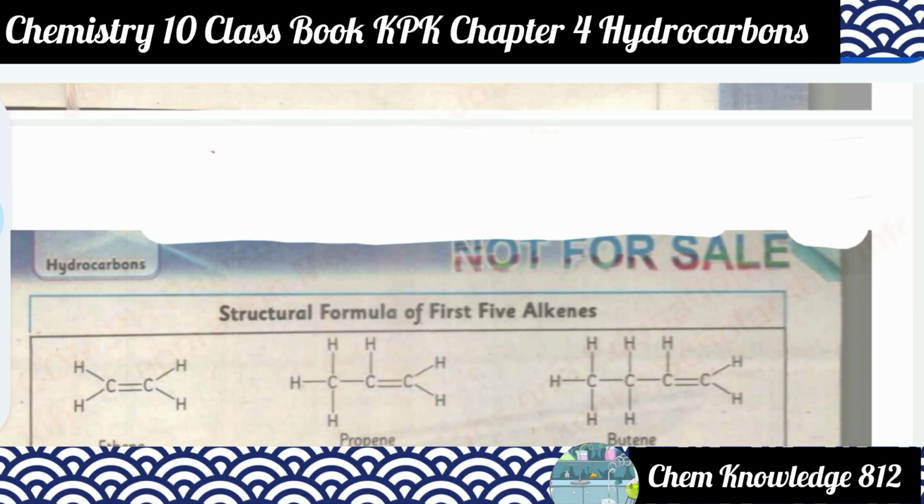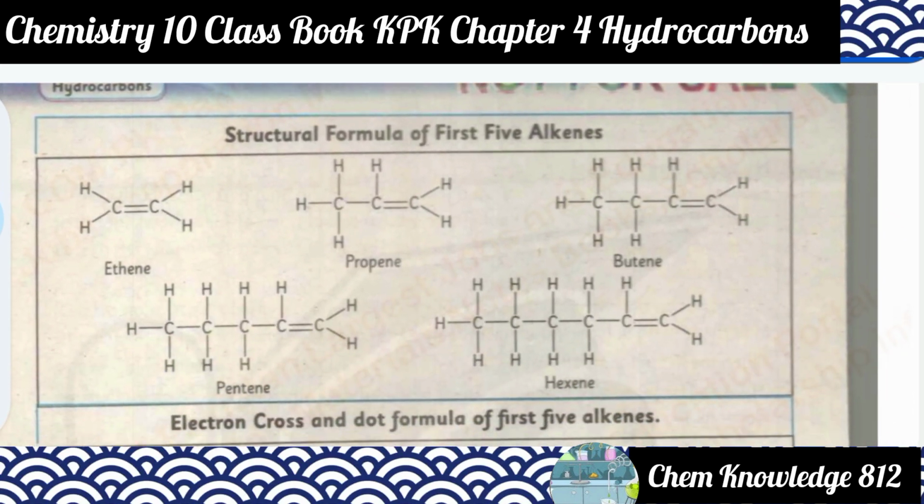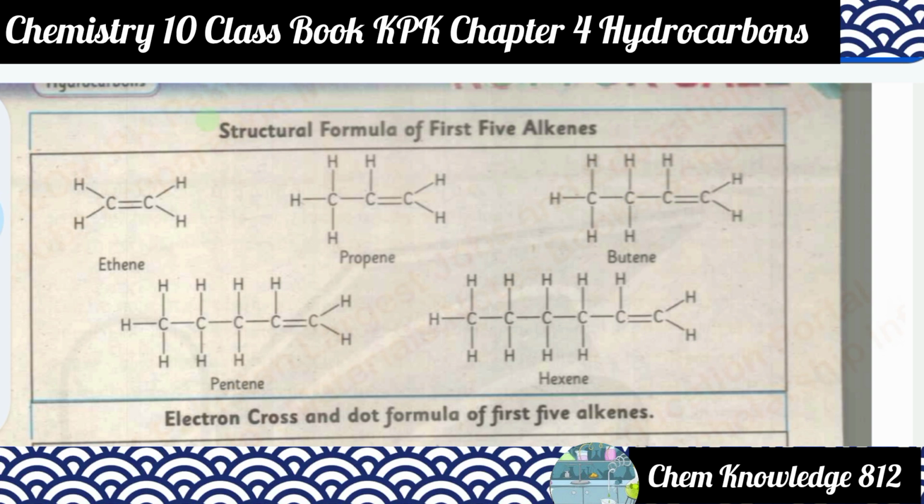This is the structural formula of the first 5 alkenes. This is ethene, with a double bond. This is propene, the structural formula of propene having 3 carbons.